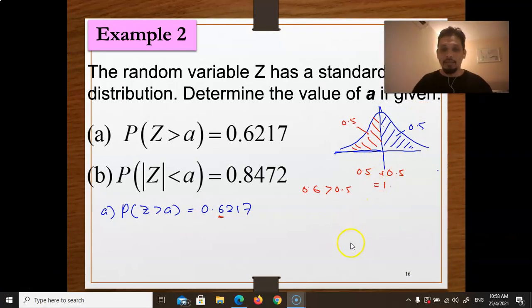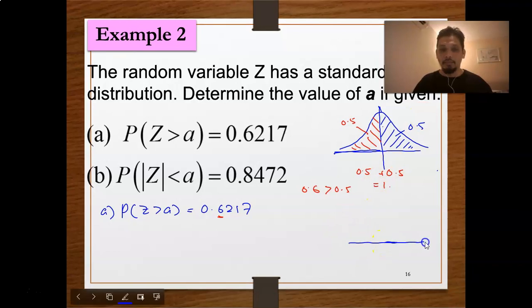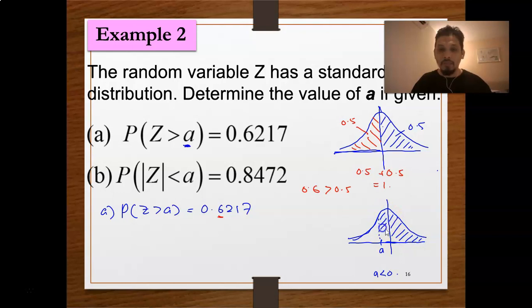So the class is A, where A for this answer is on the left side, where A is less than 0. Meaning 0.5 plus the probability here equals 0.6217.